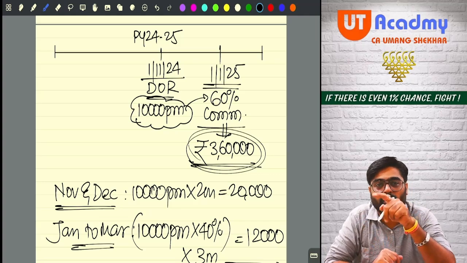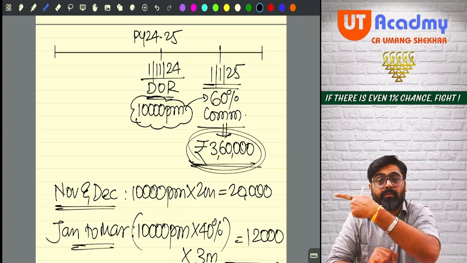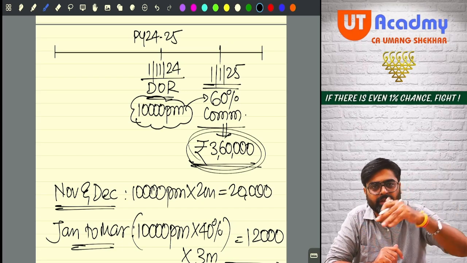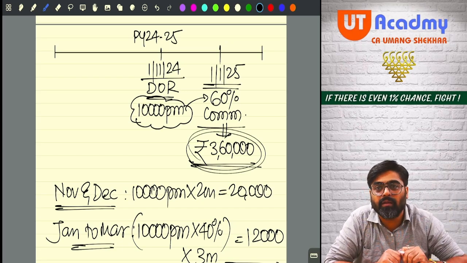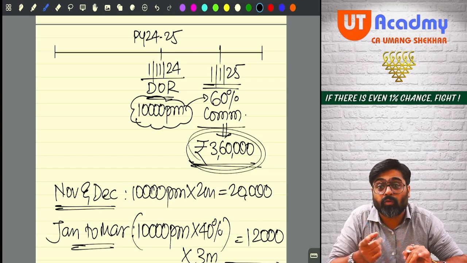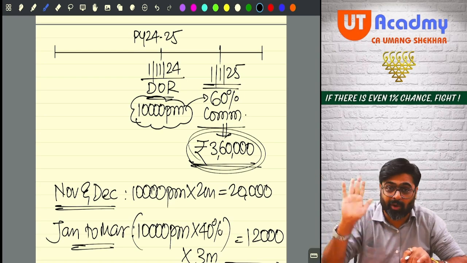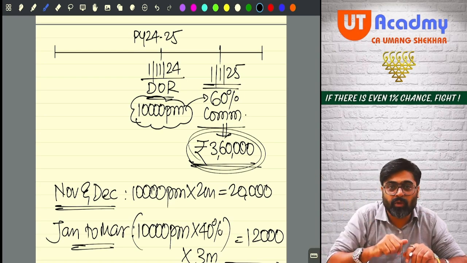Now tell me, if he is a government employee and a government employee is getting this 3,60,000 commuted pension, fully exempt, 360 minus 360, nothing will be taxable. Understanding? But what if he is a non-government employee who is receiving gratuity also on retirement? Will this be fully exempt?